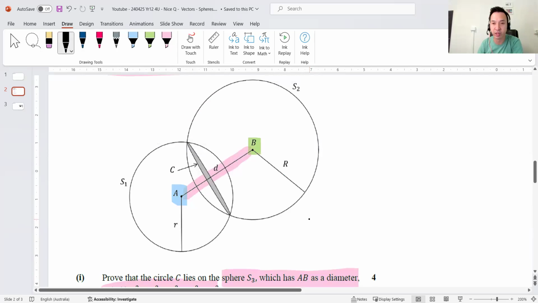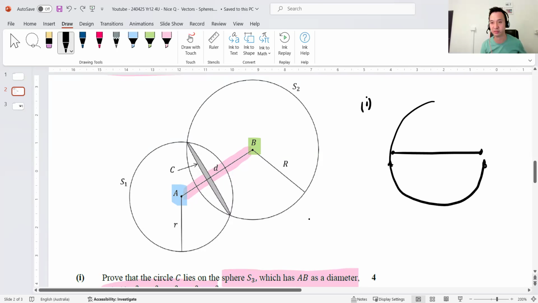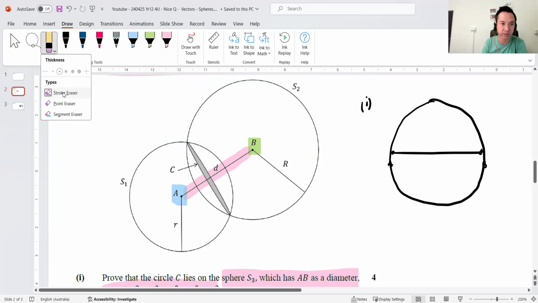All right. So the best way for us to visualize what part 1 is about is that I've got a sphere with diameter AB. So I'm going to draw the line AB like this. And I'm going to draw a sphere that has this. Just try to draw this properly. That's probably as good as it's going to get. Let me erase that bit and that bit so I can write AB better.